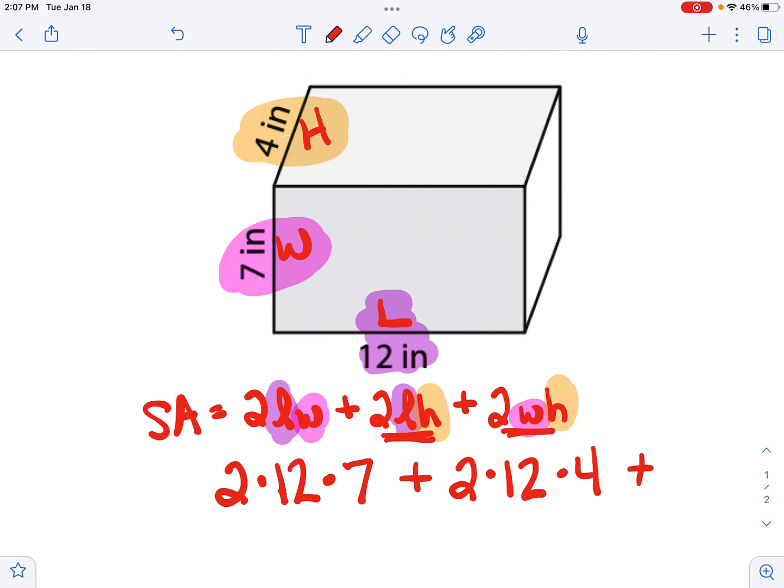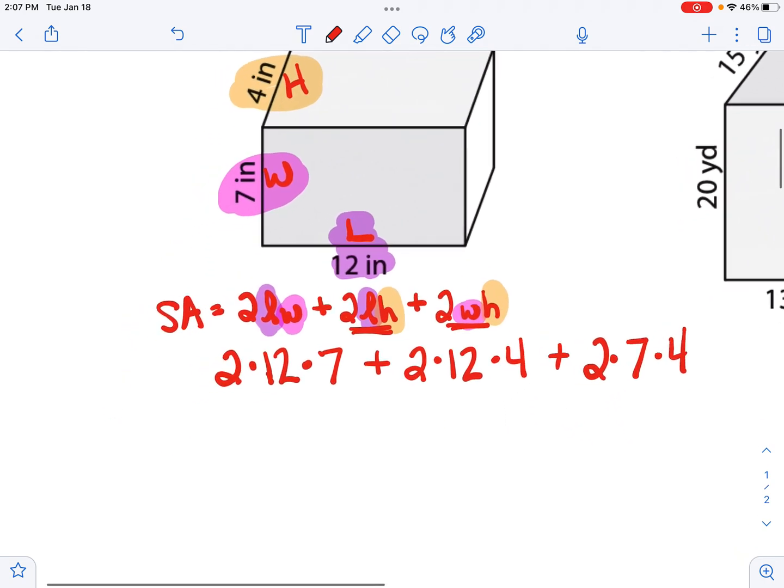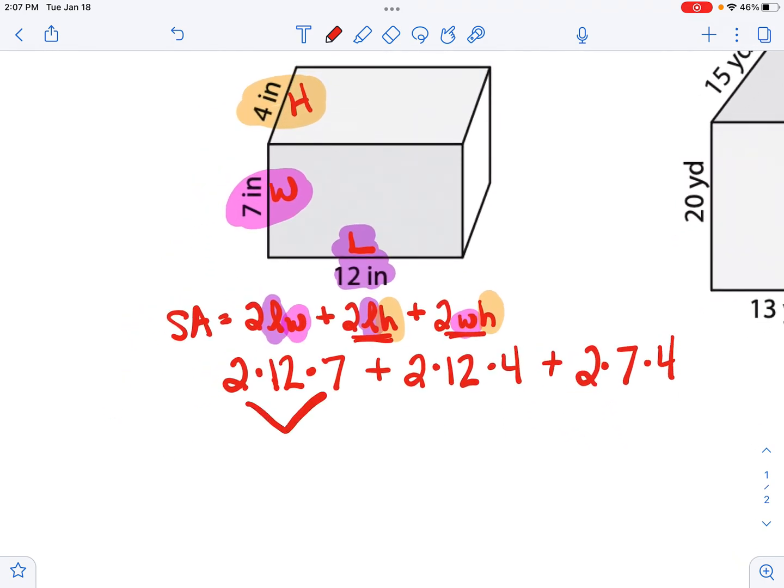And let's go to the last part: 2 times W is 7 and H is 4. So I substitute, and now I can find the answers to each of these. As a shortcut, you can just multiply all 3 of these, multiply those 3, and multiply those 3, and then add them all together.